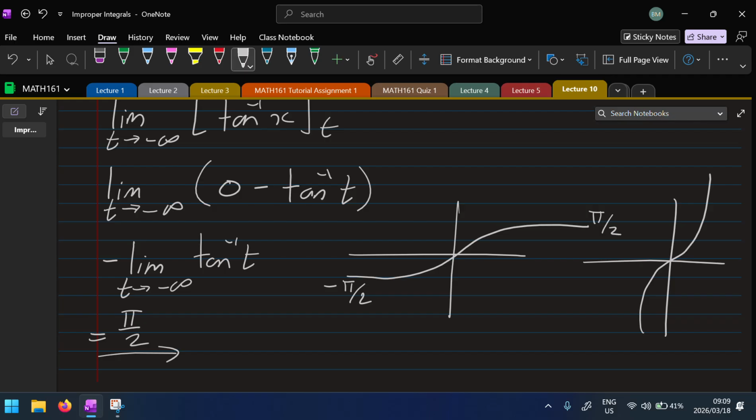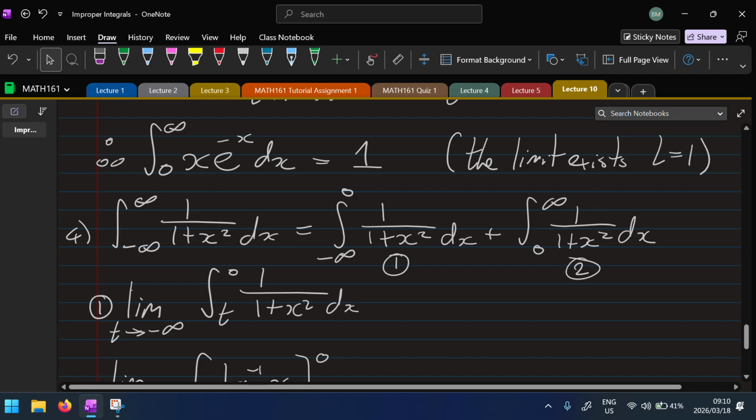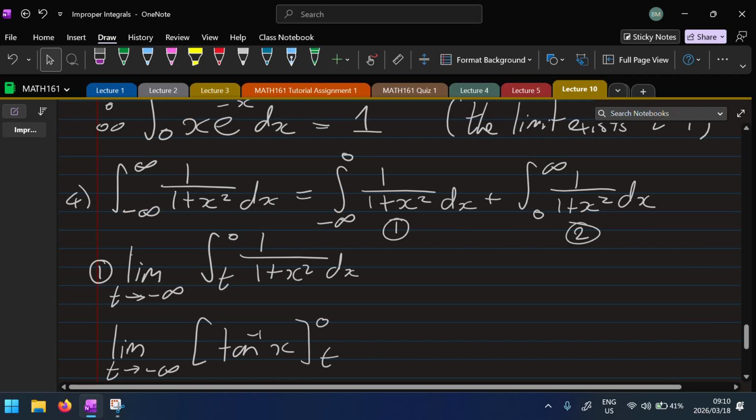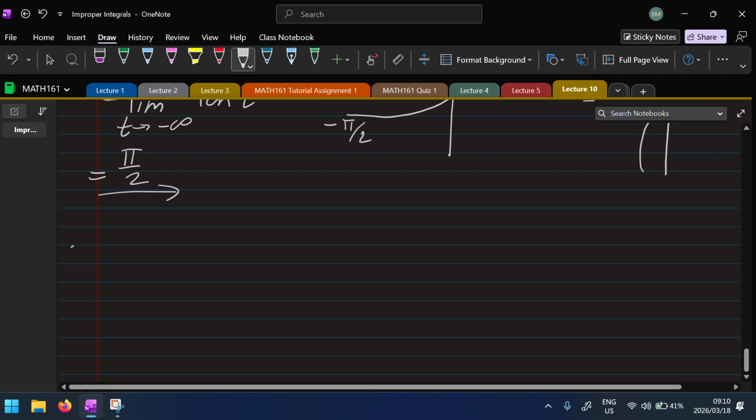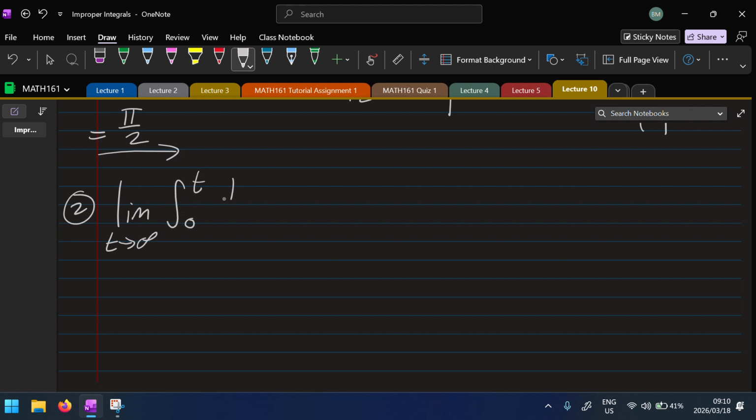Okay, but that's only half of it. We did integral number 1. Now we need to do integral number 2 and then add it up. So this will be limit t goes to infinity, integral from 0 to t, 1 over 1 plus x squared.